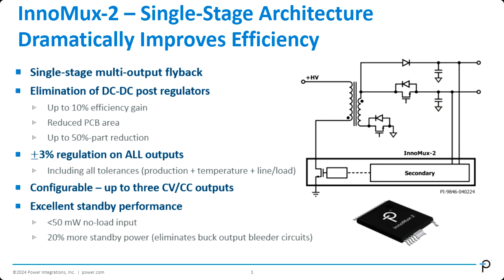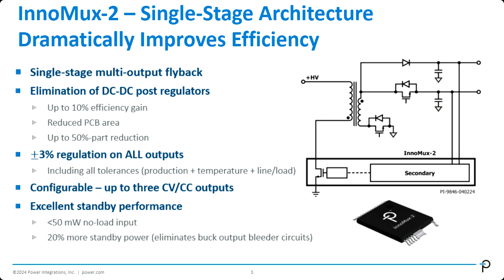Next thing with InnoMux-2 is that due to its unique single-stage power conversion, we can actually achieve excellent standby performance. This is because think about using traditional multi-winding flyback or flyback plus DC-DC. Both of these solutions, in order to regulate the output accurately at very light load, you might have to add on dummy load into the system.